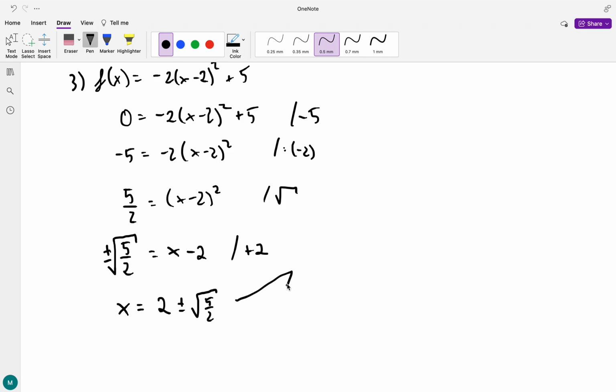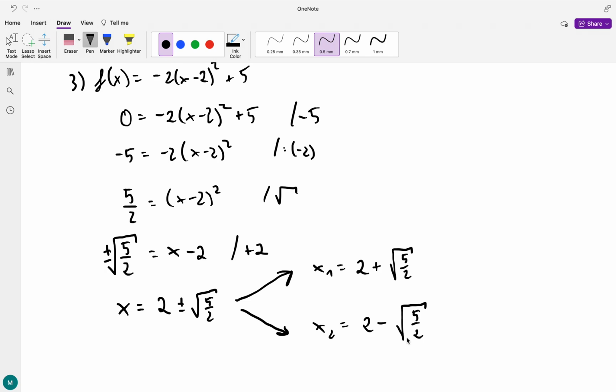So we can divide that into two solutions. And we can say that x1 is equal to 2 plus the square root of 5 over 2. And x2 is equal to 2 minus the square root of 5 over 2.